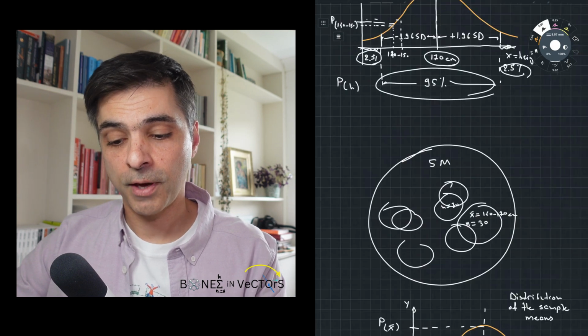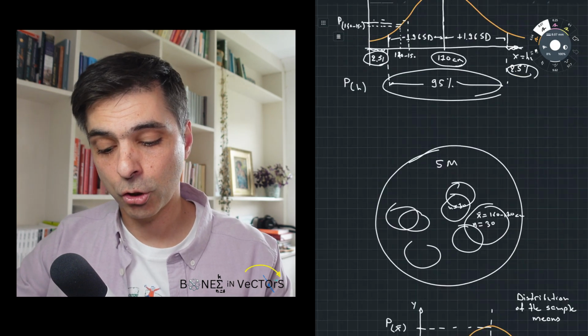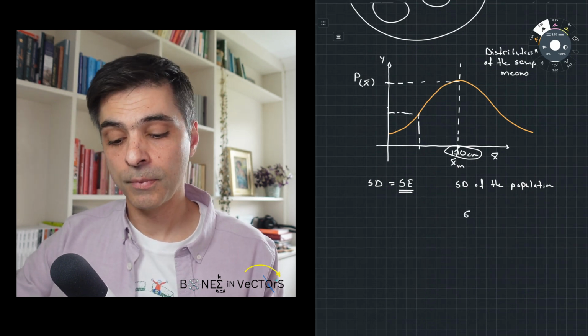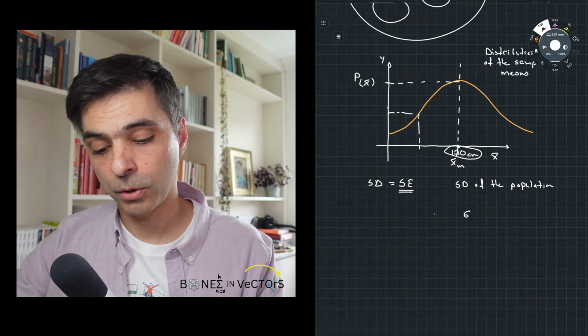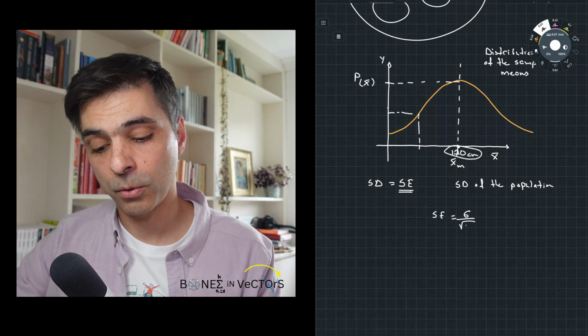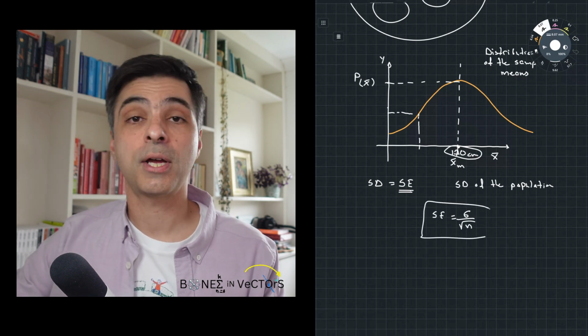So the standard deviation of the population here, let's call it with the Greek letter sigma. The standard error, we call it SE. Standard error is sigma divided by the square root of the sample size.